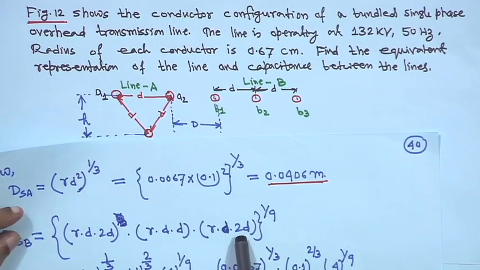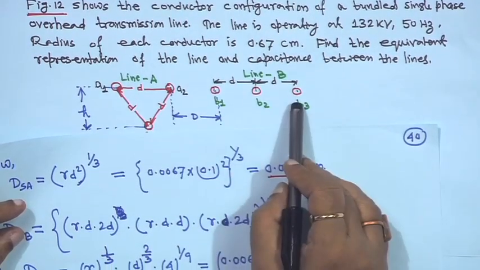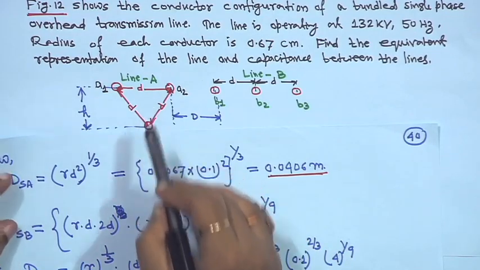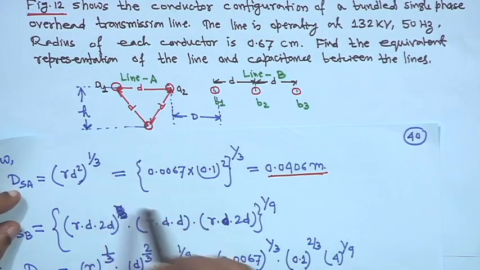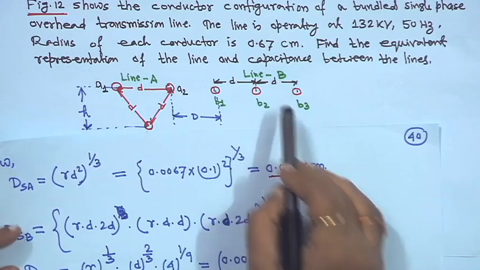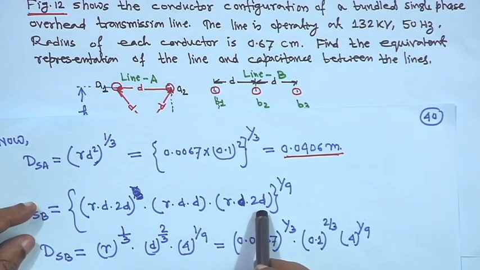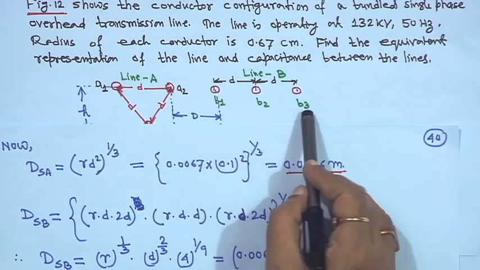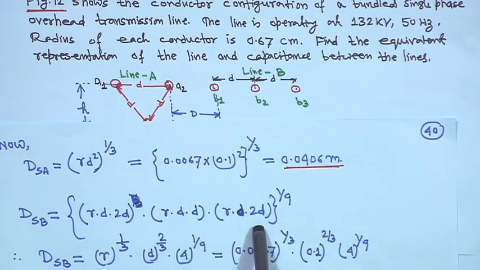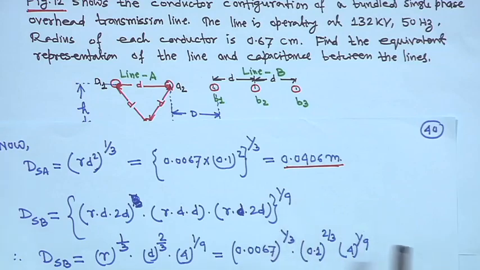So, altogether 9 combinations. So, n square it is 9. Here it is symmetrical, that is why we are writing 1 by 3, but here it is not symmetrical, right. So, it will be (R D 2D) into (R D D) into (R D 2D), right, because B1 to B3 or B2 to B3 on this one and this one, the product is the same. So, to the power 1/9.